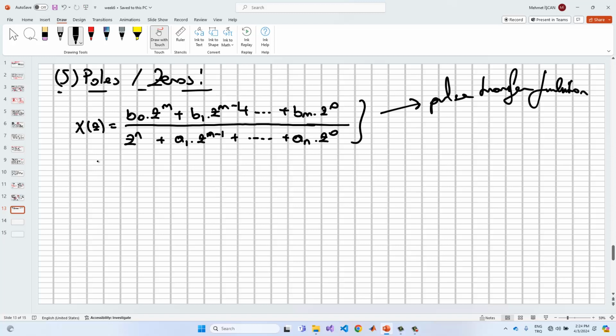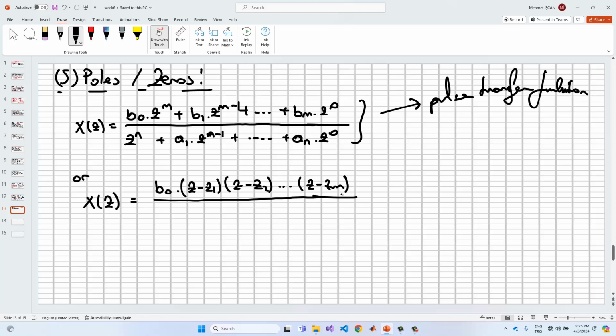Or we can simplify this notation as X(z) equals b0 times (z minus z1)(z minus z2) and so on up to (z minus zm), right? Why is this equal to m?